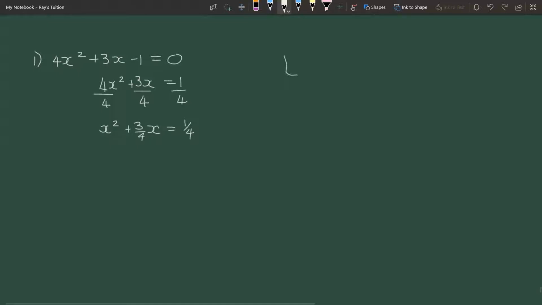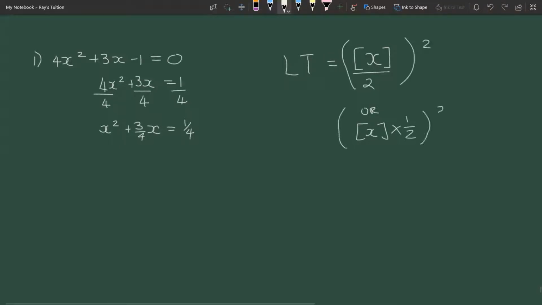Remember this: the last term is the coefficient of x divided by 2, or if you like, the coefficient of x times 1/2. Dividing by 2 and multiplying by 1/2 is the same thing. And then we square it, and that's how we get the last term.